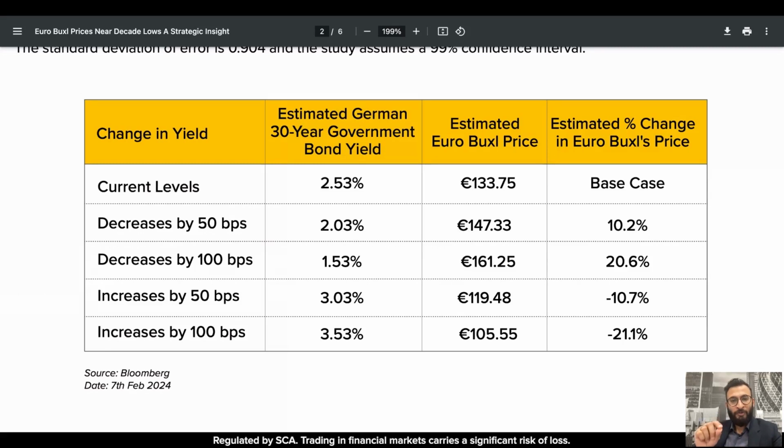Similarly, we have seen a decrease of 0.5% in the German yields, which is expected because if loans are expensive in Europe and Europe is in recession, they will have to make loans cheaper. And of late, the deposit rates have been around 4%, which is the highest in the last 18 to 20 years in Europe.